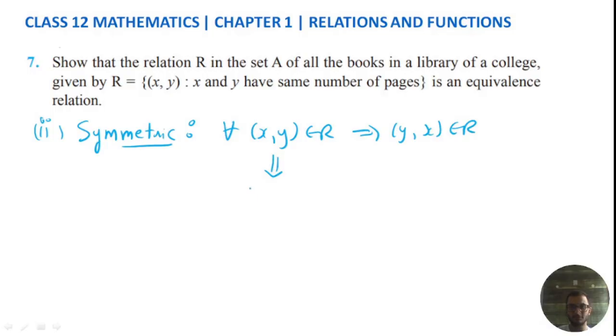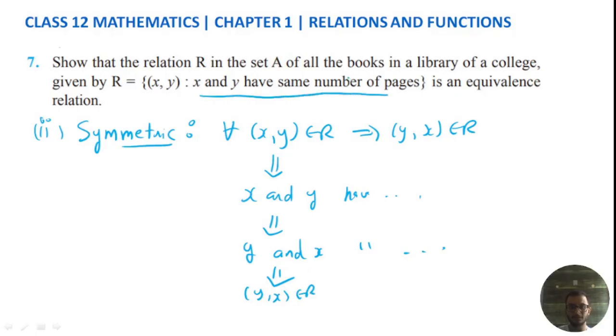It means that x and y have the same number of pages, but this also means that y and x have the same number of pages, right? Because this is the same thing. So y and x belongs to R, because that is the definition of R given: y comma x belongs to R when y and x have the same number of pages. So we are done with symmetric.